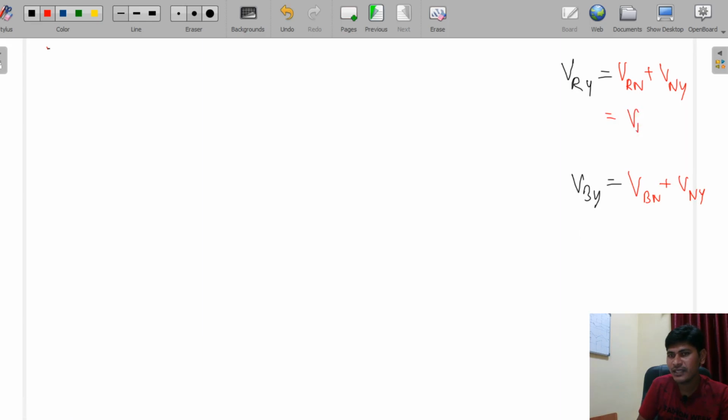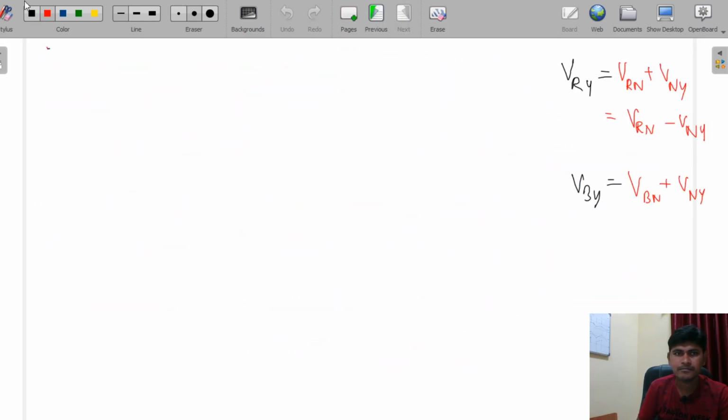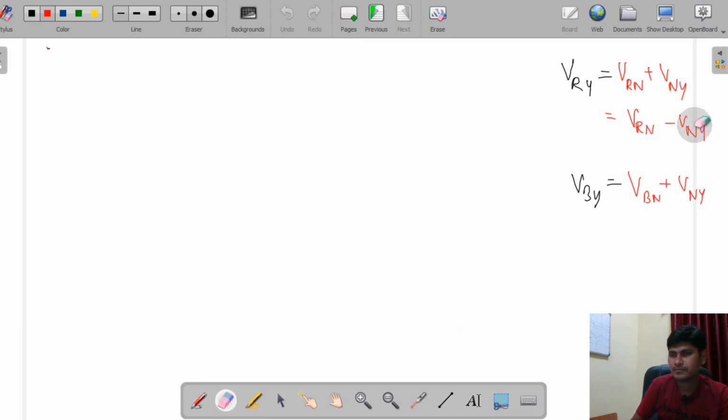This is nothing but VRN minus VYN, sorry, minus VYN. This is nothing but VBN minus VYN. The phasor sum of these two voltages is nothing but VRY. The phasor sum of these two voltages is nothing but VBY.